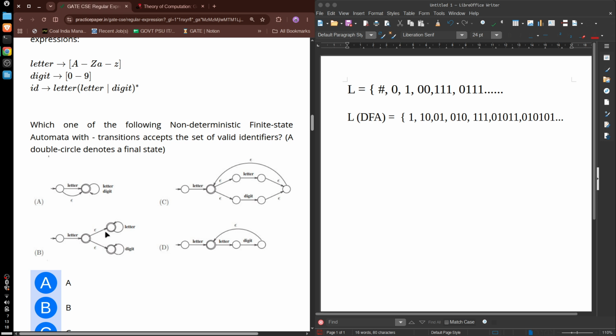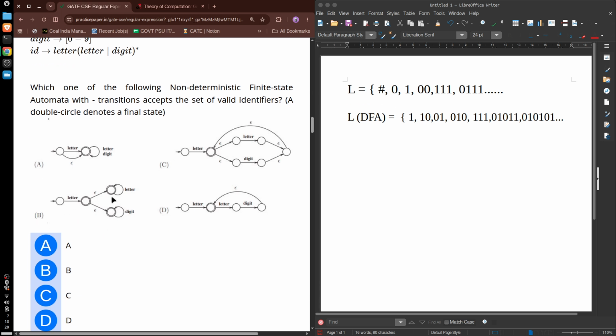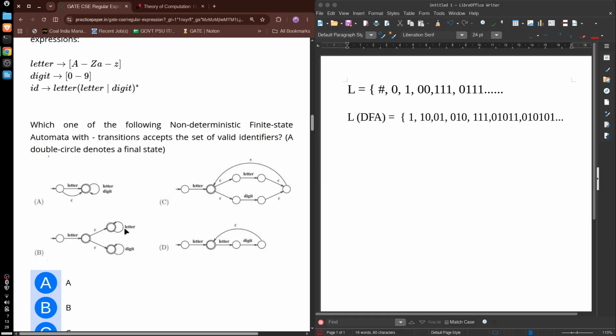Let's go with B. So it looks like a letter is accepted, or either it will go to letter, it will accept, or either it will go to accept, right? The issue here is that if we are just accepting a letter, but then a digit comes, we'll be having trouble. And if we are accepting just a digit, if after that we get a letter, then we are in trouble, right?